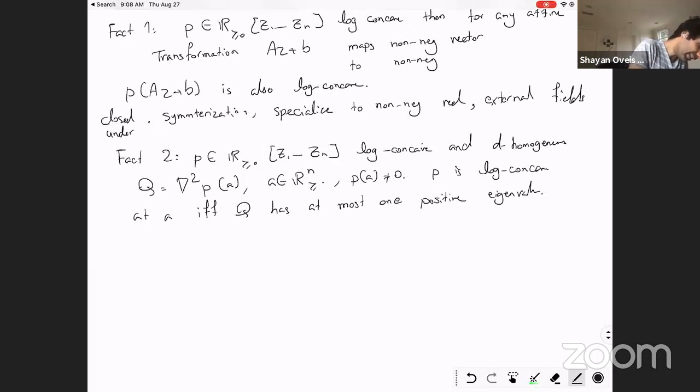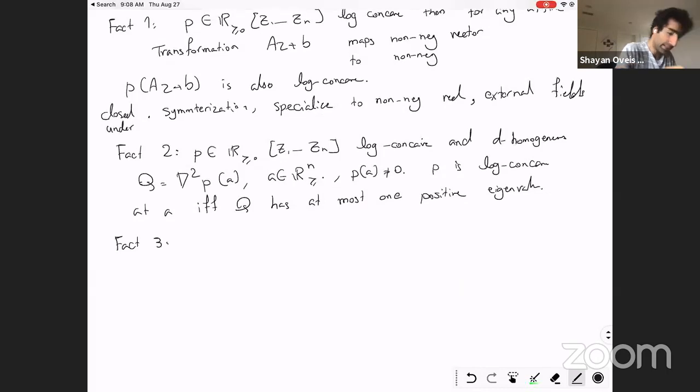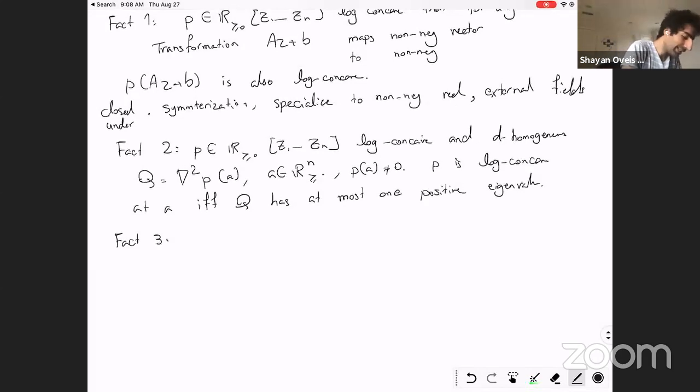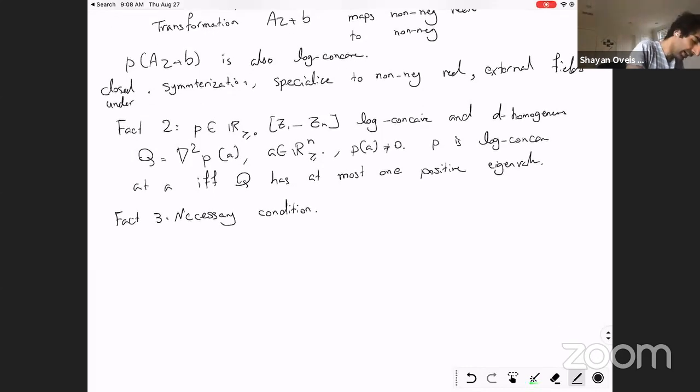Let me just say this third fact about log concave polynomials, and then we'll be ready to start talking about the inductive proof. The third fact is about a necessary condition for a polynomial to be log concave. So I need a definition.